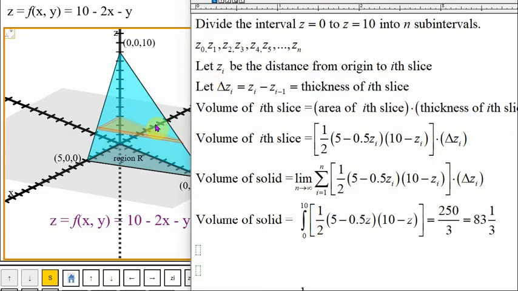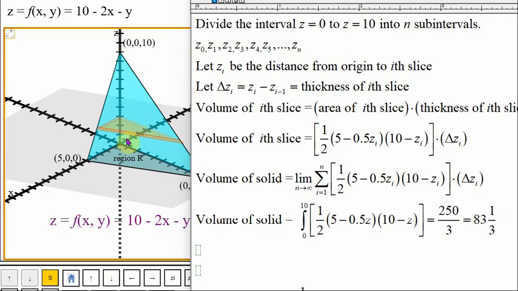And so to find the volume of this solid right here, what we're going to do is divide it into many slices. First, let's divide the interval from z equal to 0 up to z equal to 10 into z sub 0, z sub 1, z sub 2, z sub 3, all the way up to z sub n, which is 10.